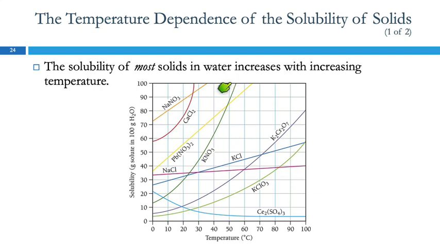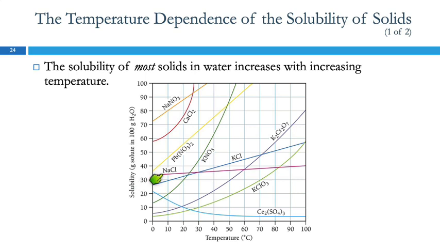So at just above 55 degrees or so, you can actually dissolve an equal amount of potassium nitrate in water. So if you had 100 grams of potassium nitrate and 100 grams of water, you could make a solution out of it, which is kind of crazy when you think about it.